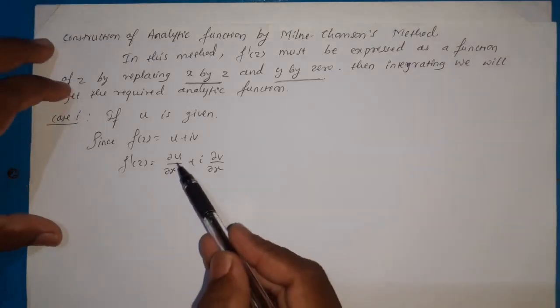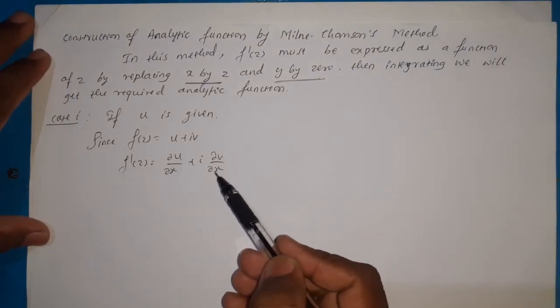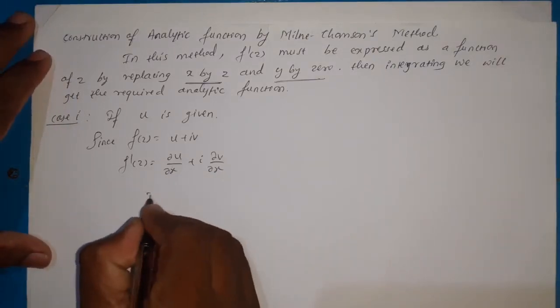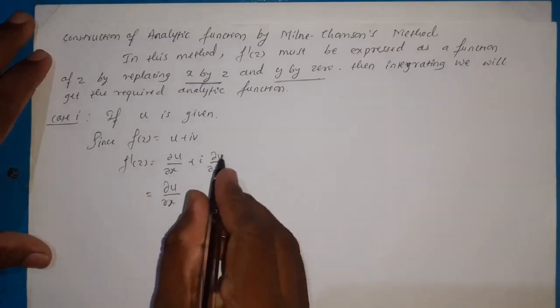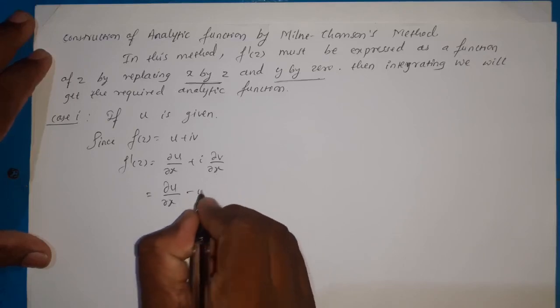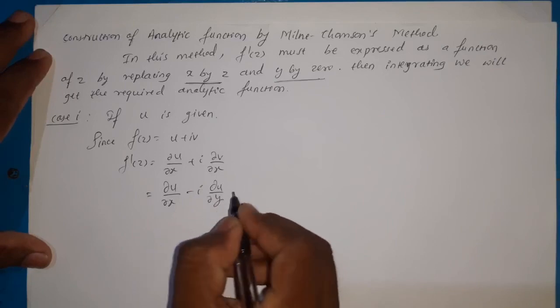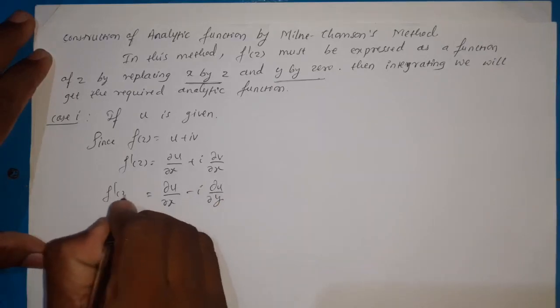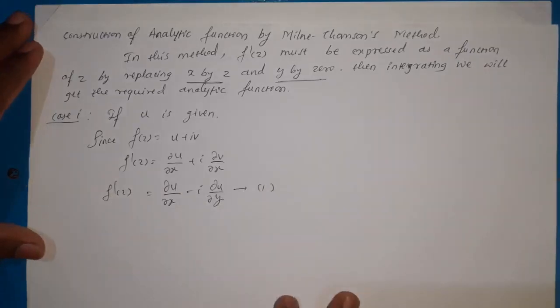So we can get dou u by dou x, but we cannot get dou v by dou x. So dou v by dou x can be written as minus dou u by dou y. Therefore f dash of z equals dou u by dou x minus i into dou u by dou y. Consider this as equation number 1.